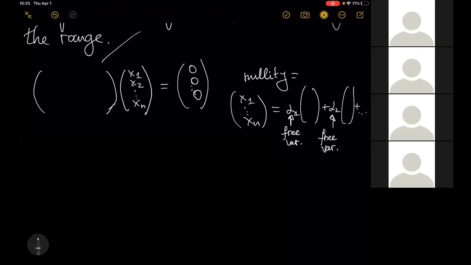So essentially nullity, or the dimension of the space of solutions of the system of homogeneous equations, or the dimension of the null space, in this case, is equal to the number of free variables, right? Right or not? I want this to be clear.